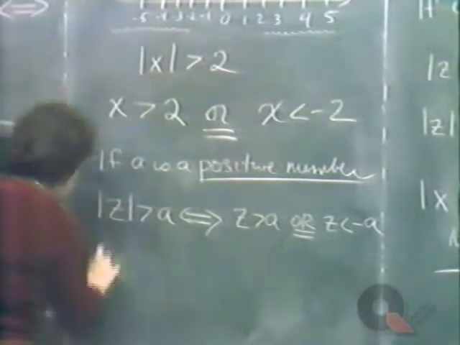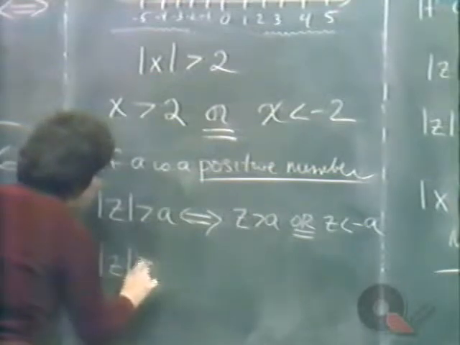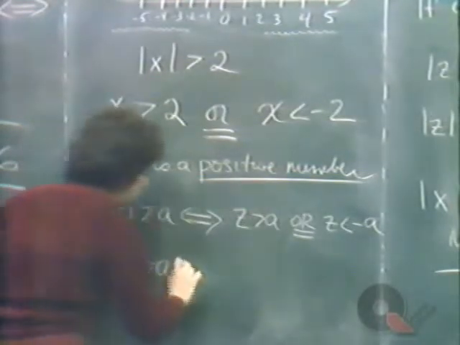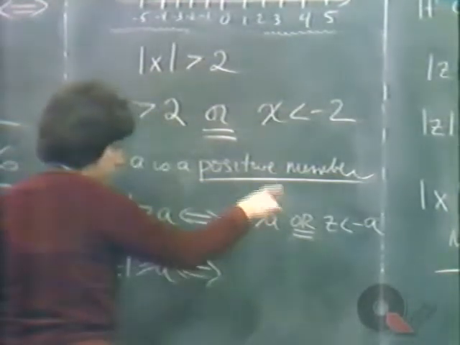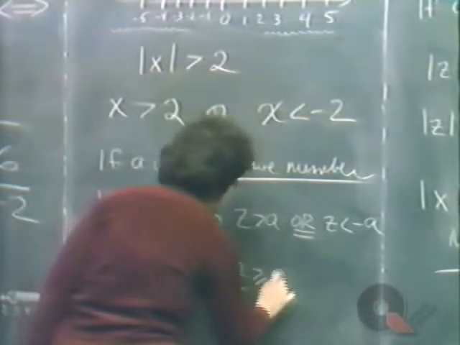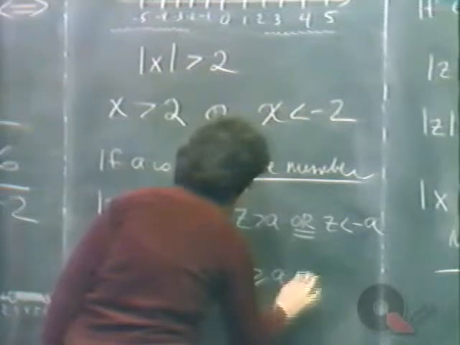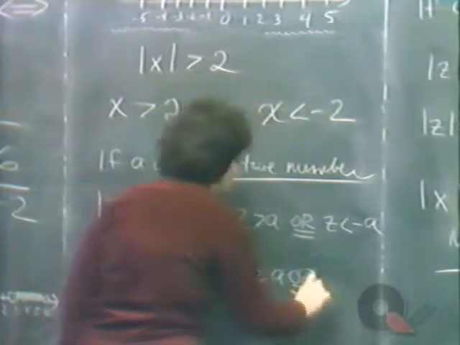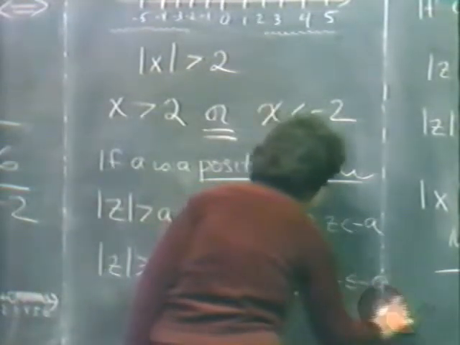Similarly, if it was the absolute value of z greater than or equal to a, it's handled in the same fashion. The only difference is that the signs have the equal included: z greater than or equal to a, or z less than or equal to minus a.